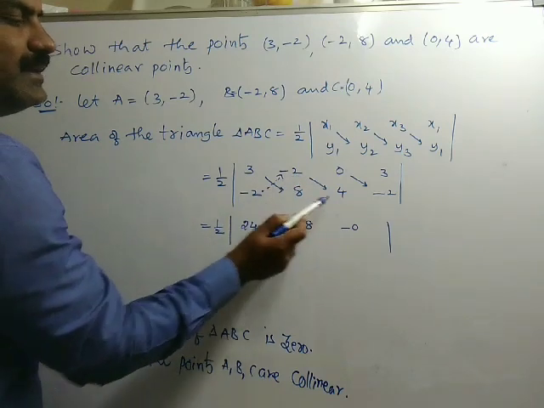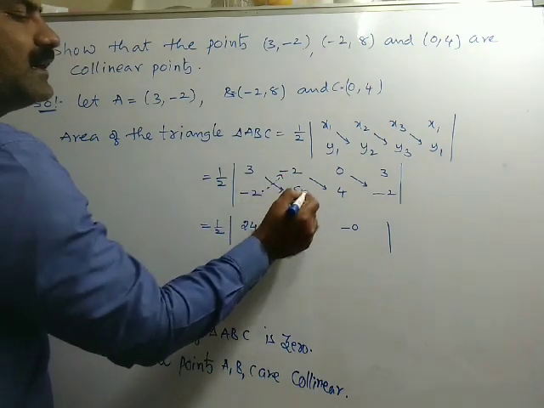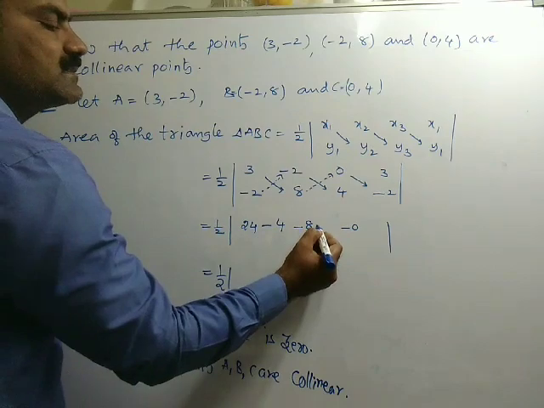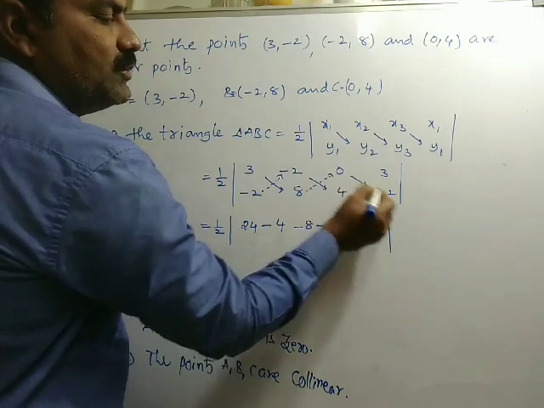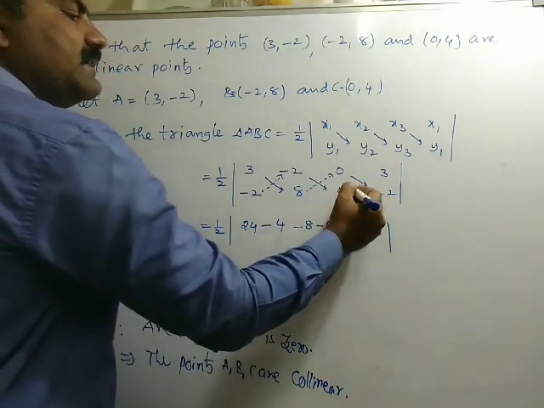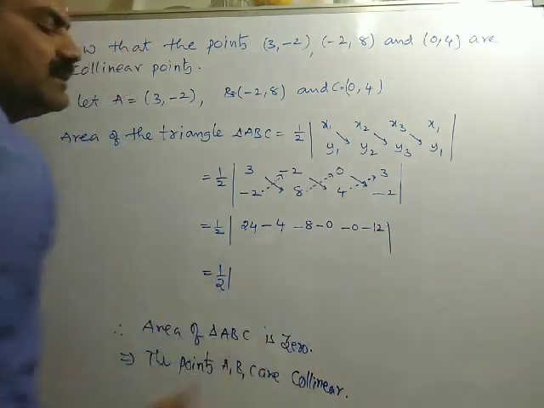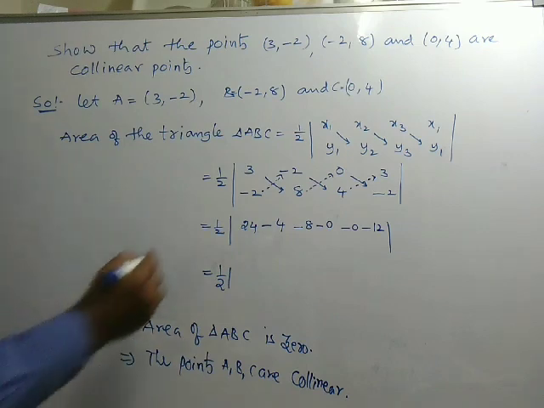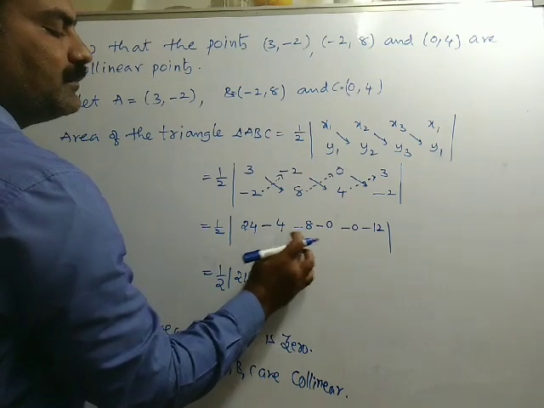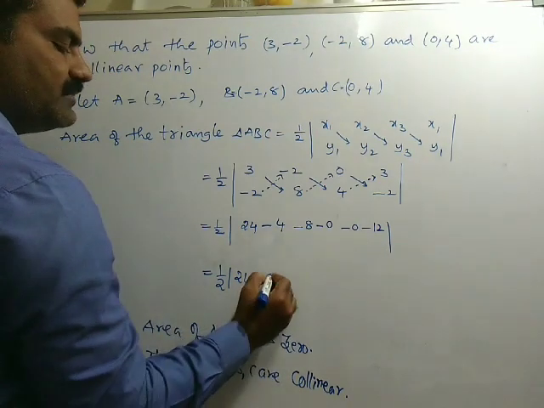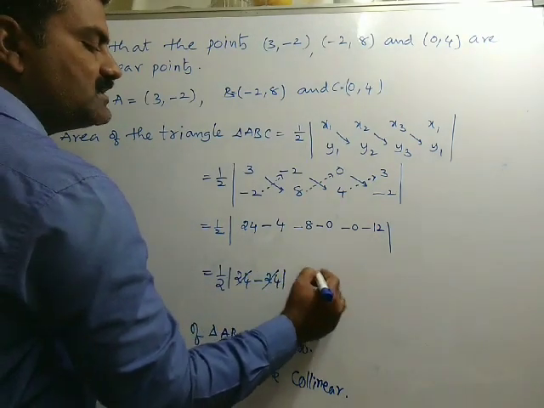As it is, plus 24 and -8. And coming to this direction, 0 into 4 is 0, and 0 into -2 is also 0. And this is actually 12, but because of this direction we need to take -12. So this is 24 minus 4 and 8 minus 12, which gives 24 and -24. Both get cancelled, half into 0, which is equal to 0.